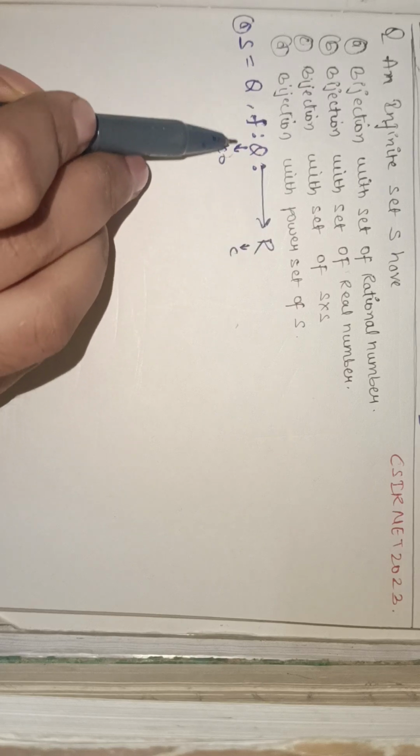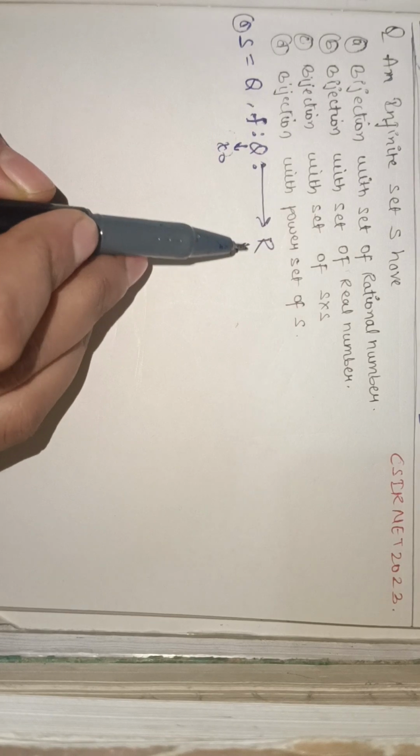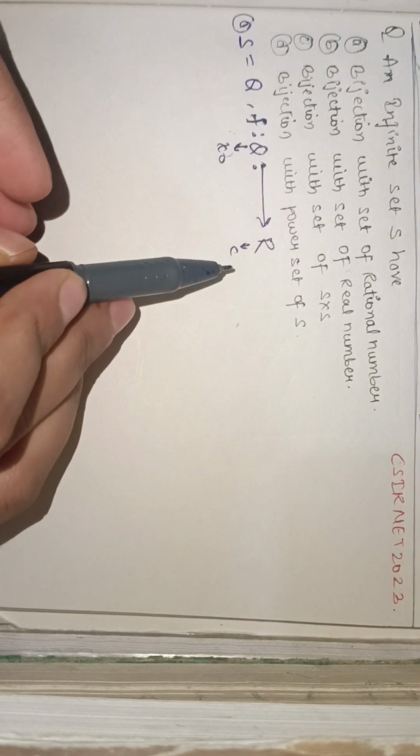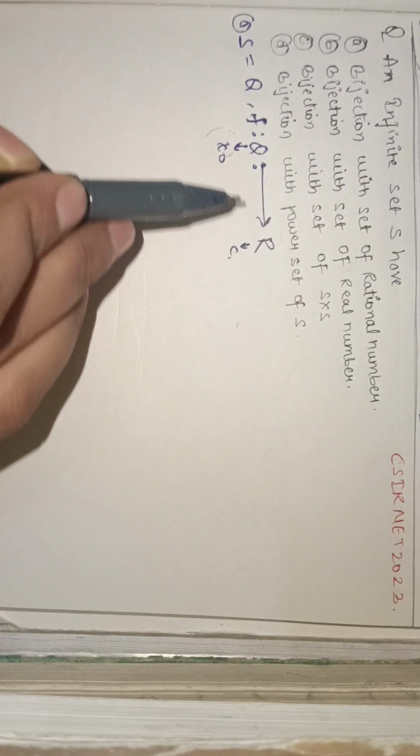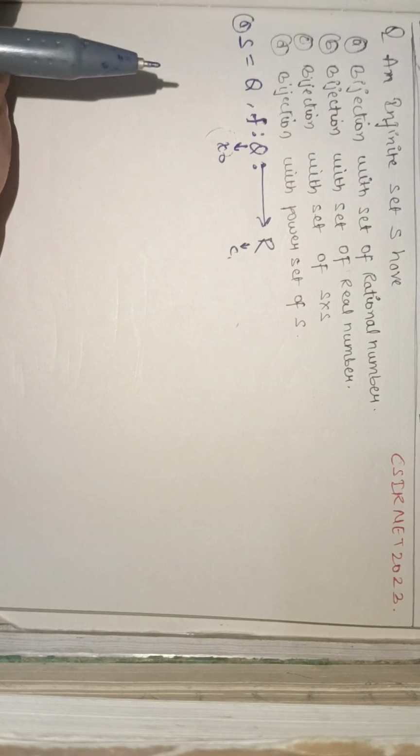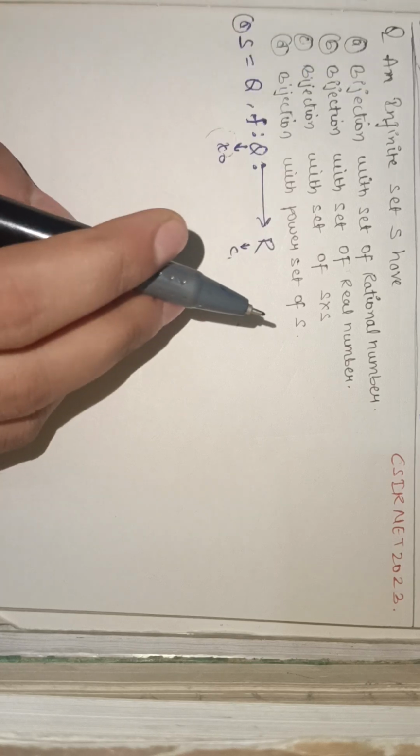So this is injective because this cardinality is smaller than that cardinality. This is injective, but it is not surjective, so it cannot be bijective.